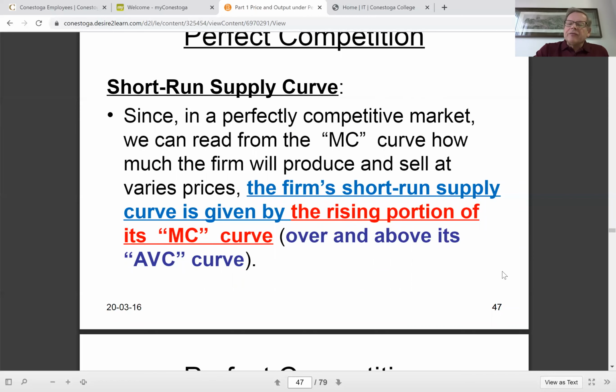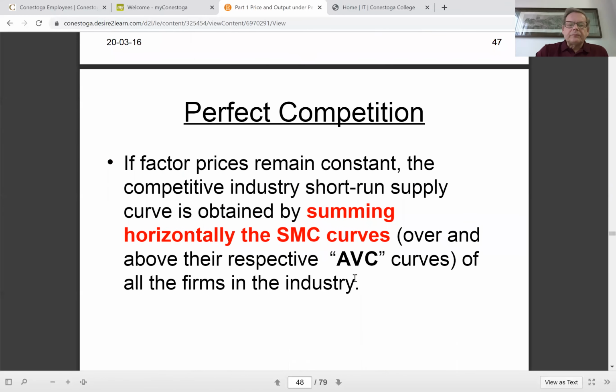Please highlight the firm's short-run supply curve is given by the rising portion of the marginal cost curve over and above its average variable cost curve. Please highlight what is in blue and red here. The firm's short-run supply curve is given by the rising portion of its marginal cost curve over and above its average variable cost.